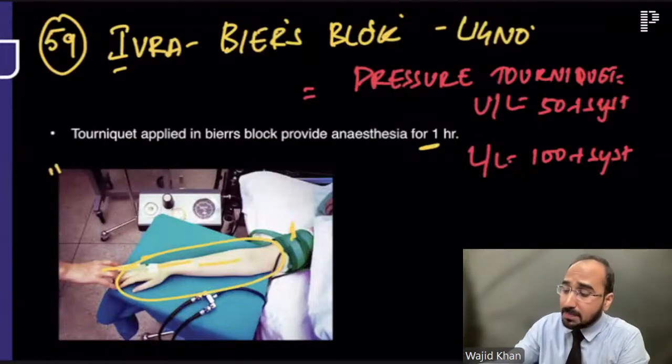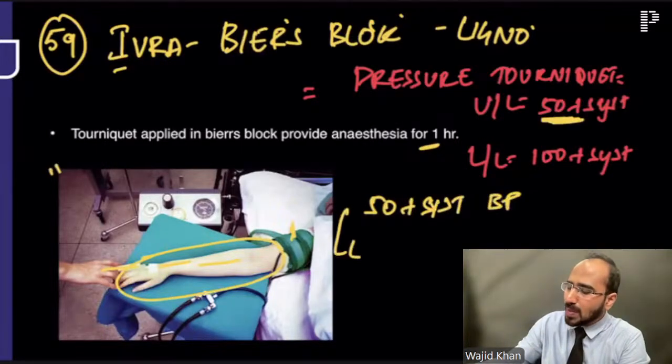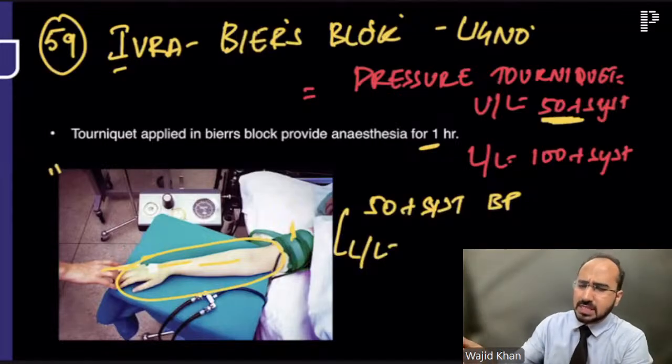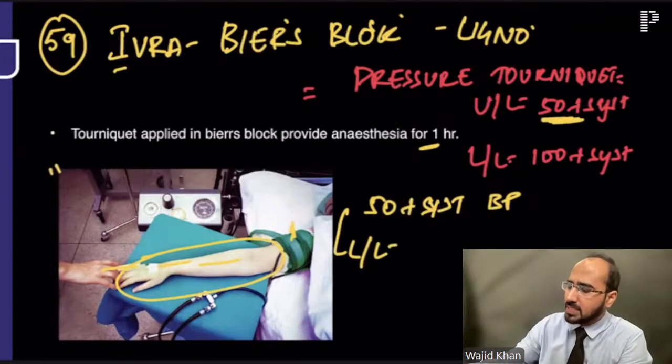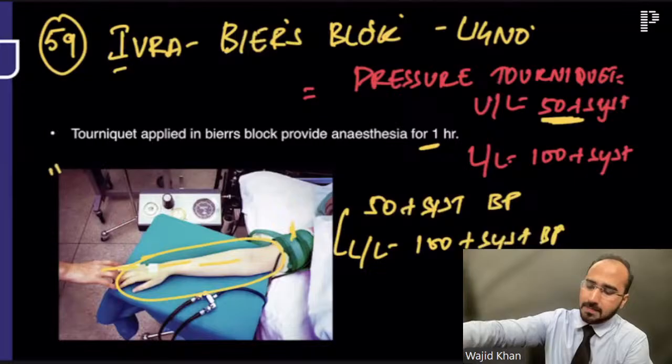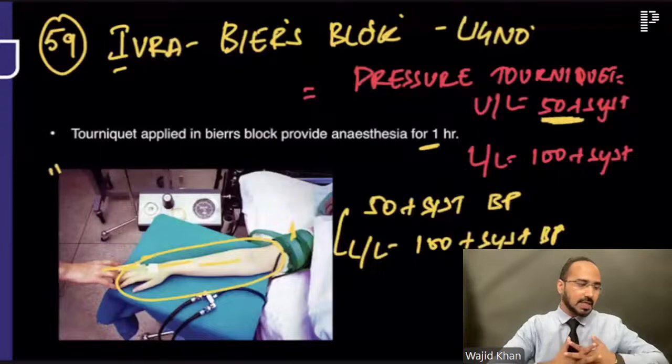So remember, the pressure applied in the upper limb is 50 plus systolic blood pressure. Whereas in the lower limb, muscle mass is much more, so you need to apply much more pressure to occlude the blood vessels. So what is the pressure? 100 plus systolic blood pressure for lower limb. This is regarding IVRA, intravenous regional anesthesia.